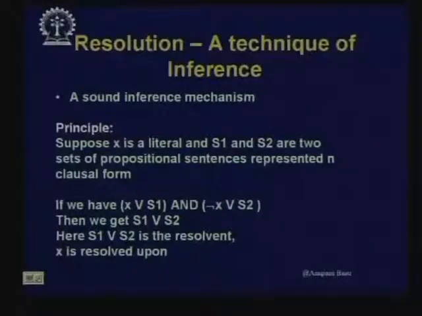So, here suppose S1 and S2 are two sets of propositional sentences represented in the clausal form. We already know what a clausal form is. A clause is a disjunction of literals. And also we mentioned what a Horn clause is. In the last lecture we had discussed that on the right hand side of the implication there can be only one literal.